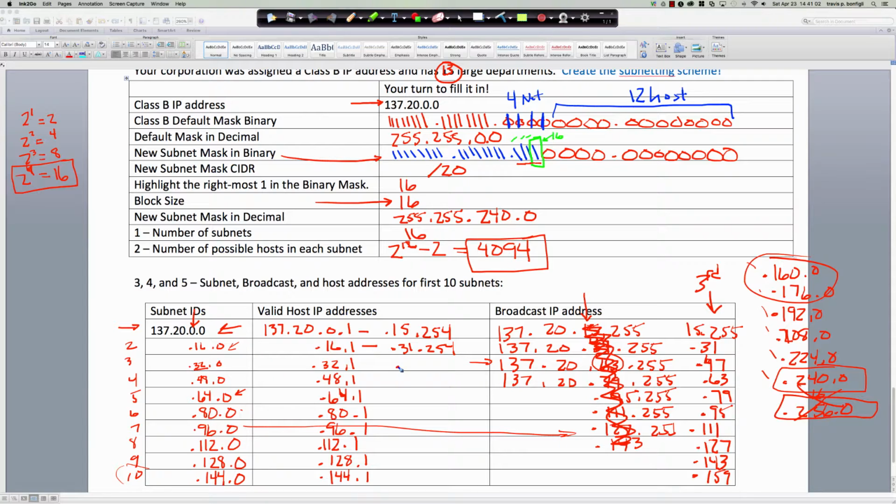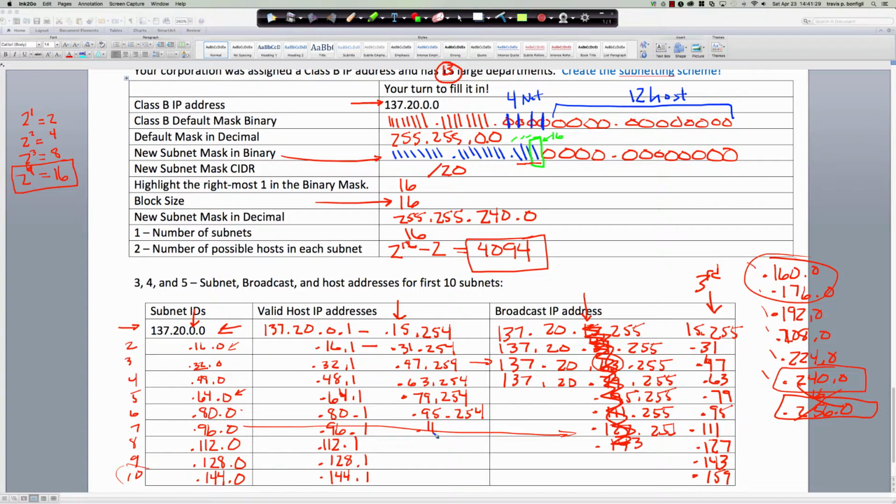And then it's .47.254, and then .63.254, and then .79.254, .95.254, and you should be noticing a pattern here. What is it incrementing by? Exactly, it's bumping up by 16 each time.